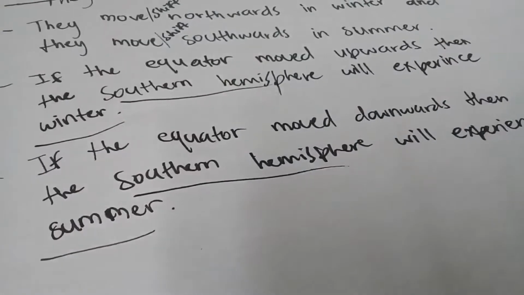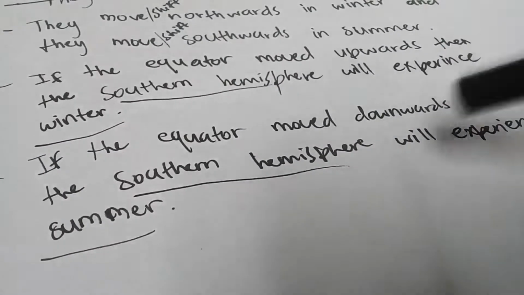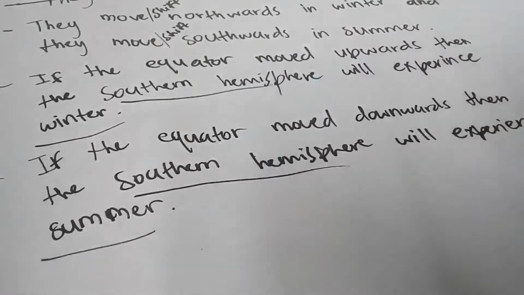Yes. So if the equator moved downwards, the southern hemisphere will experience summer because now the sun is overhead the equator, and therefore if the equator moves southwards, that means the sun's rays are so close to us in South Africa, causing low pressure.